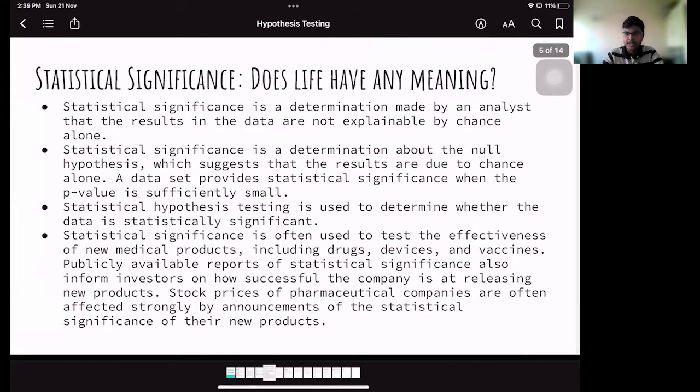The stock prices of pharmaceutical companies are often affected strongly by announcements of the statistical significance of the new products. So the statistical significance of the new products determines the pharmaceutical company's stock prices. So statistical significance is very important in data analysis.